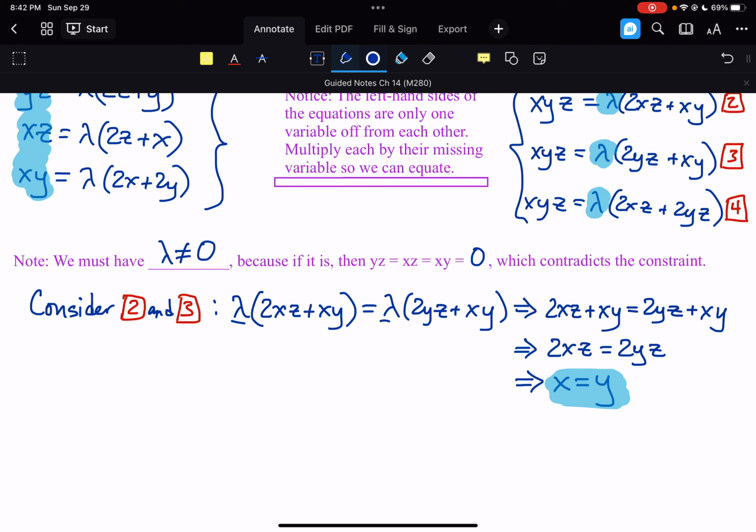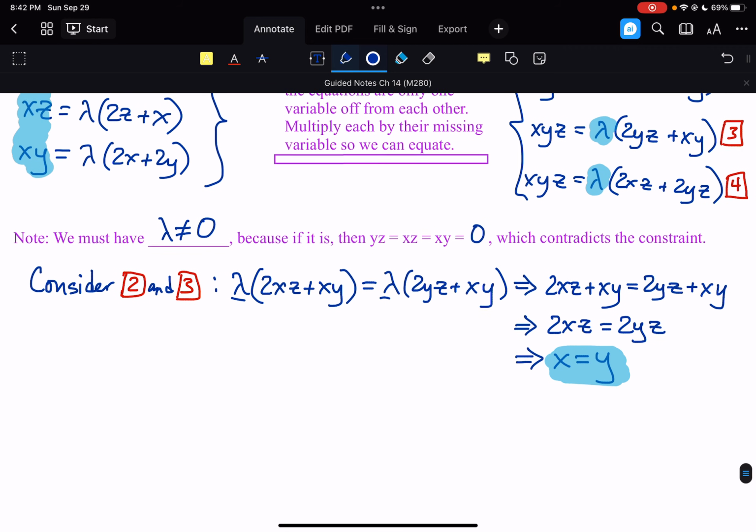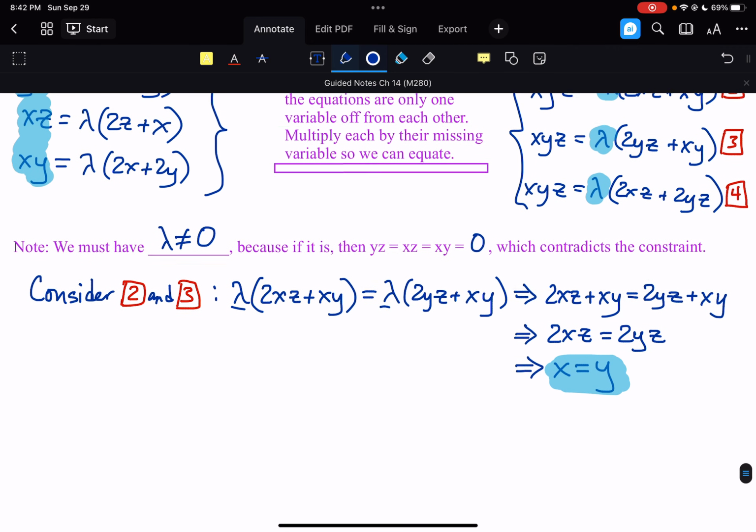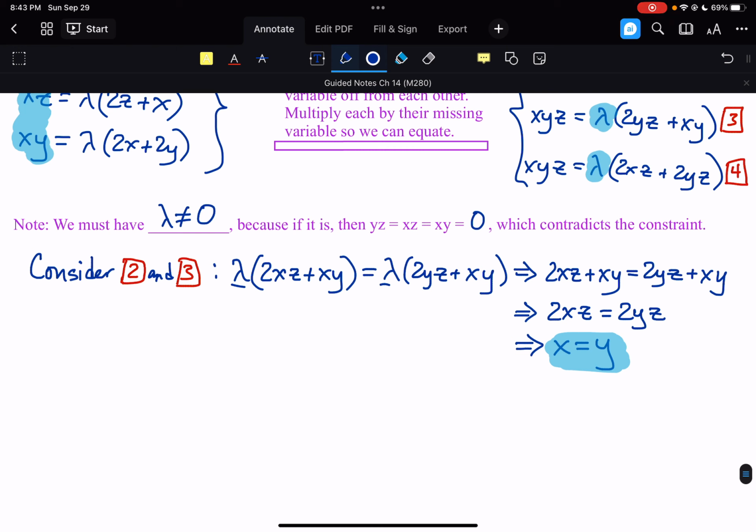Now, this didn't give us any specific values yet, but it did give us a relationship. So now if we figure out what one of those two things is, we'll figure out what the other one is. Next up, we will consider 3 and 4.